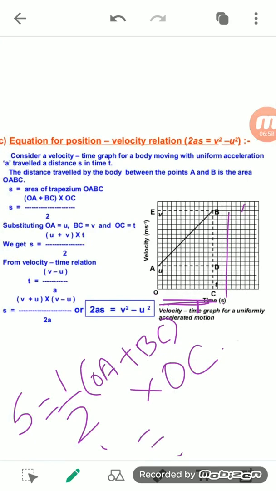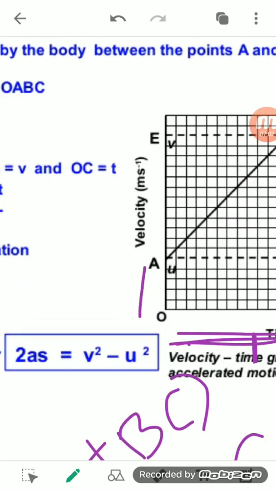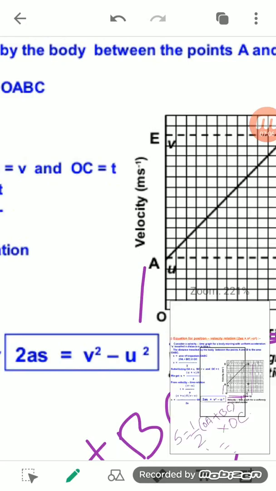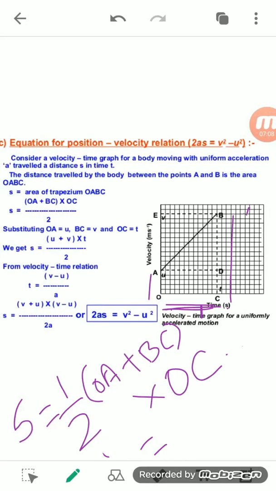Now we will put the values here. So half into OA, and you know OA is what? It is the initial velocity, and this initial velocity is represented by U. So half into U plus BC, which is actually representing the final velocity.